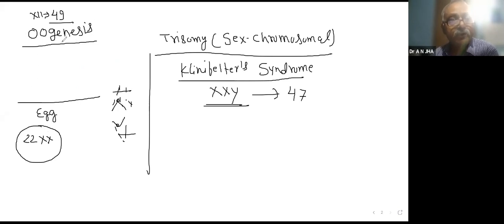So during the formation of the egg, again a problem arises, and this becomes an abnormal egg.